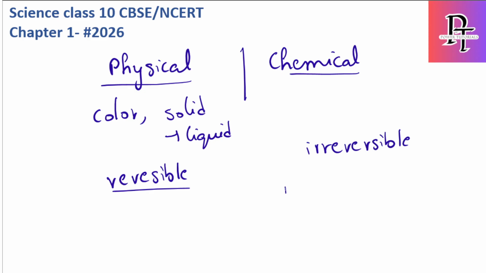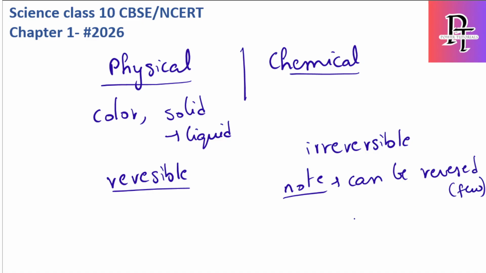And here a note: they can be reversed only under certain conditions. Not everything can be reversed, only a few can be, and that too by applying more energy. So a few are physical reactions, as I told you.